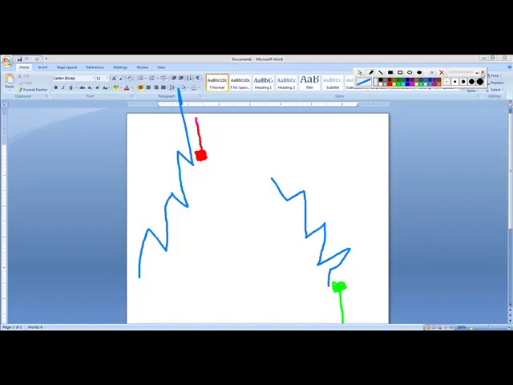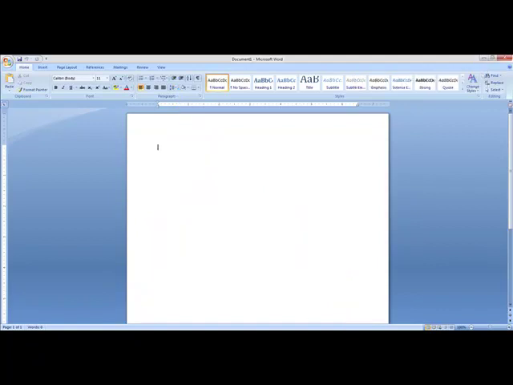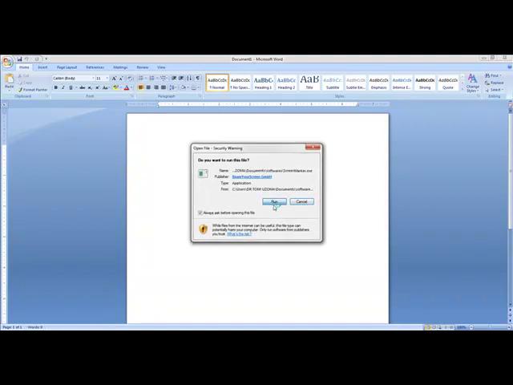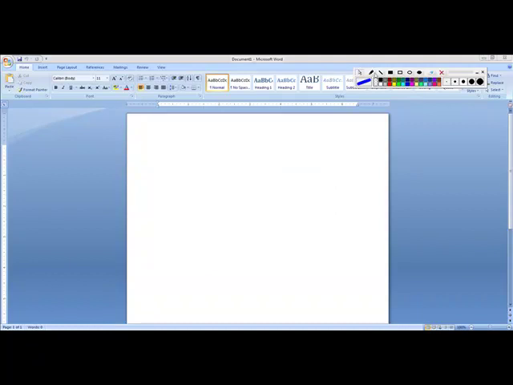So the anatomy of a pin bar, let me draw a pin bar here. What does a well-formed pin bar tell you?